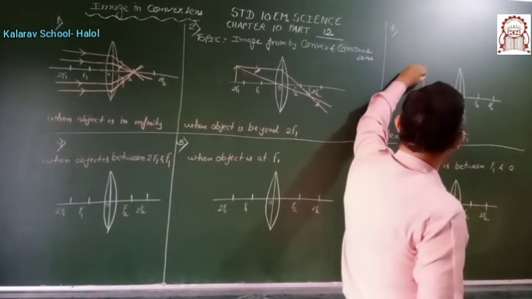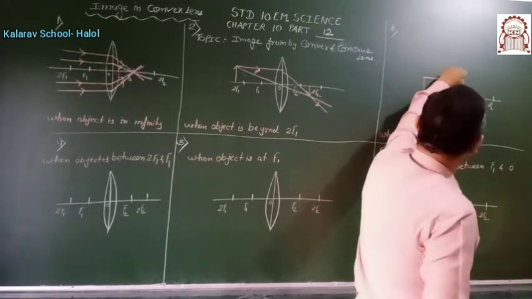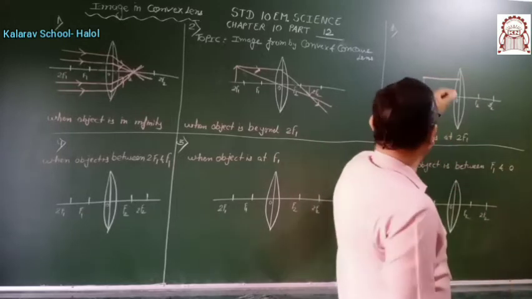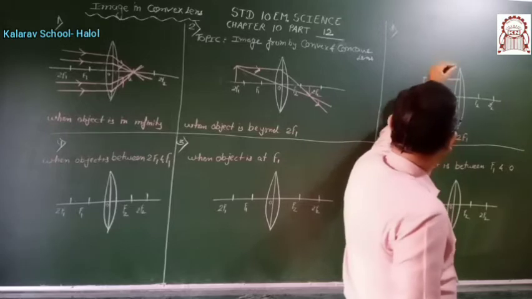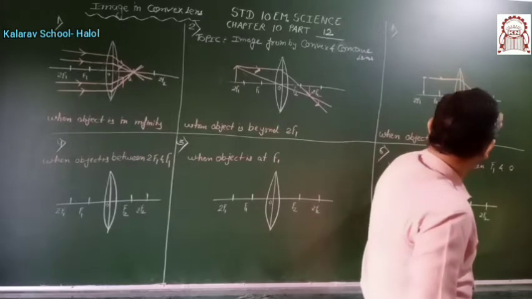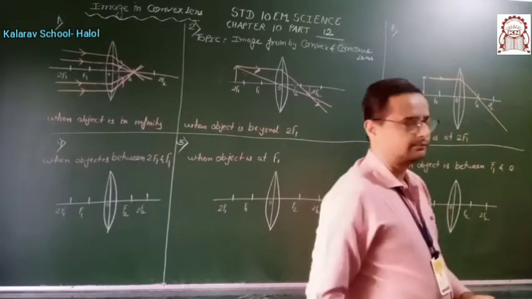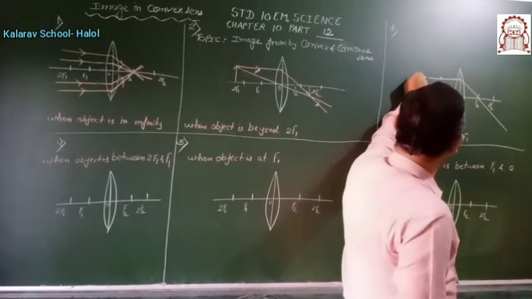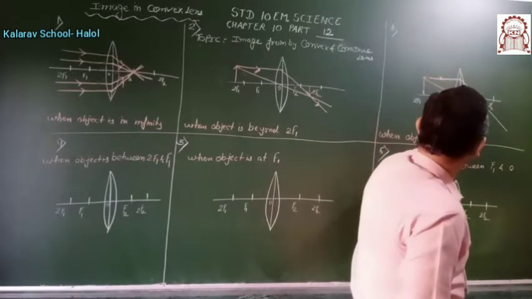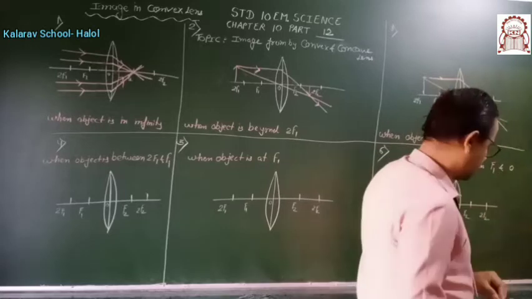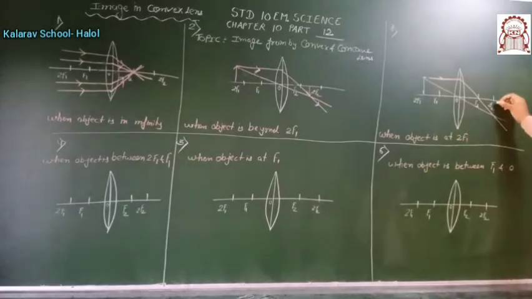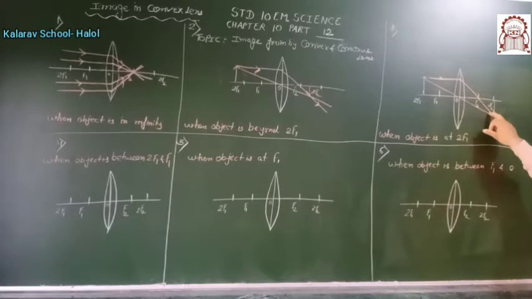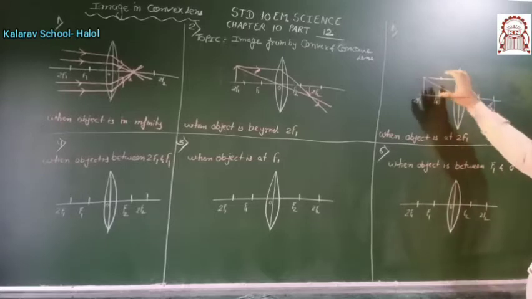One line will pass from here, parallel to the principal axis and pass through the focus, and another line will pass through the optical center. Okay, and in this situation the image will be formed at 2f2, and here its size will be equal to the object.